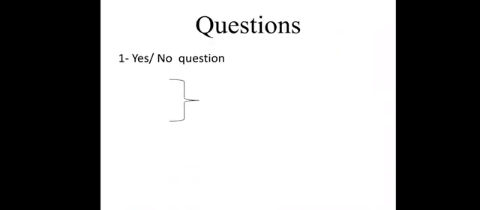How to form a question. The first type of questions, the yes/no question, we put am, is, or are at the beginning of the question, and that depends on the subject. Then the subject, after it the verb plus ing.